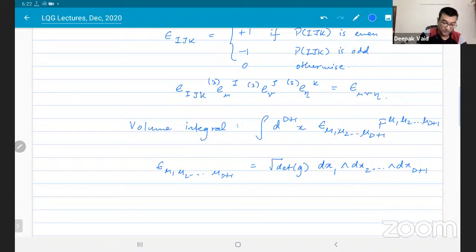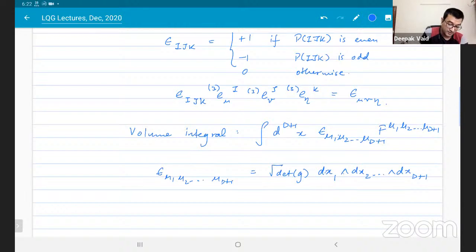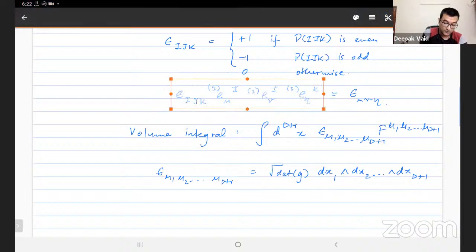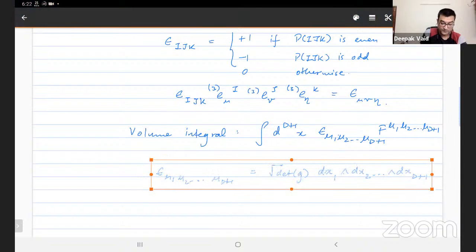Okay. So if I take this expression, what this gives me is precisely this volume form.